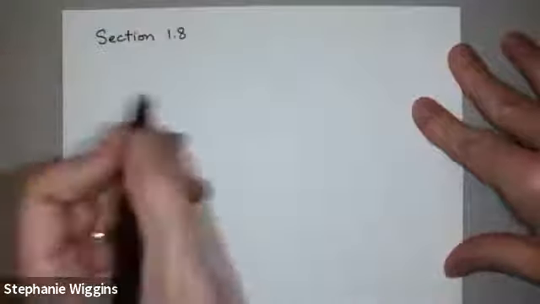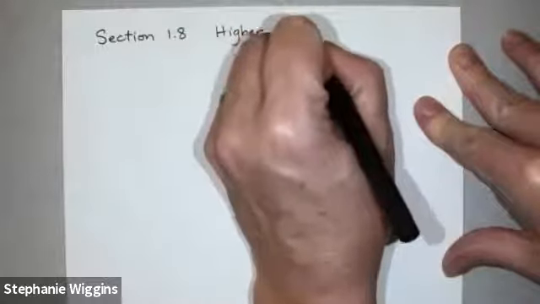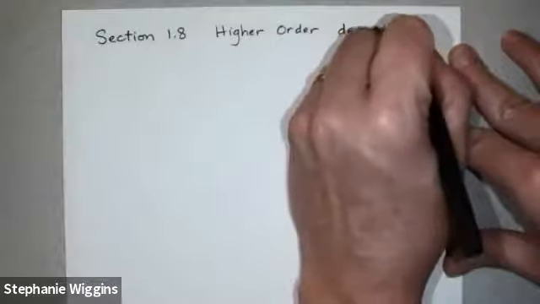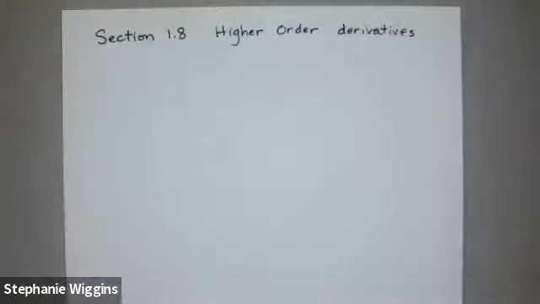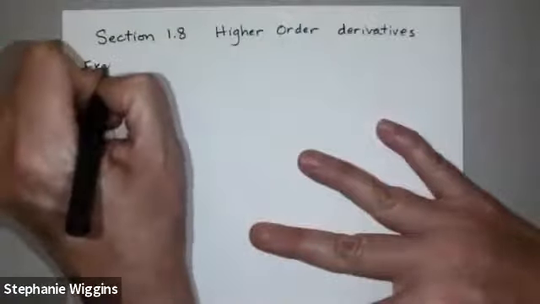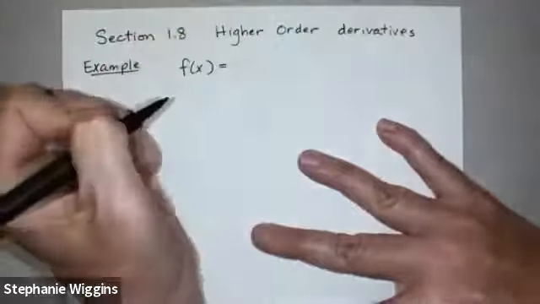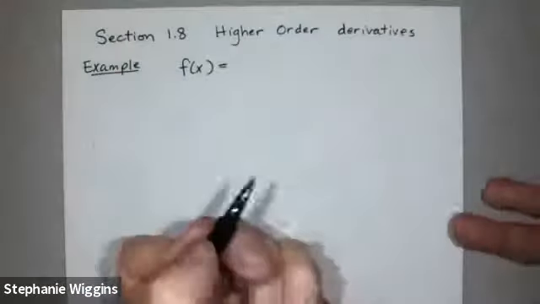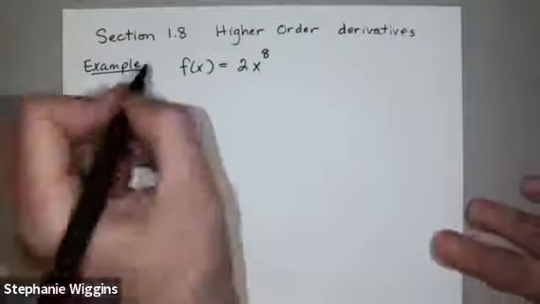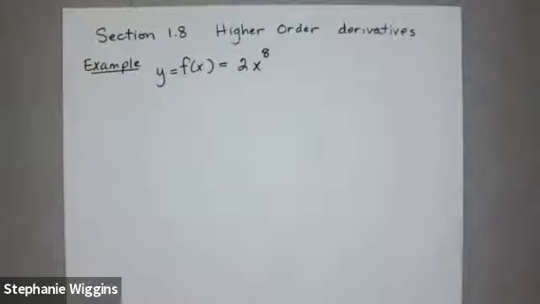Section 1.8 covers higher order derivatives. All right, so if you have a function f of x is equal to 2x to the 8th, often we use the notation y equals f of x.